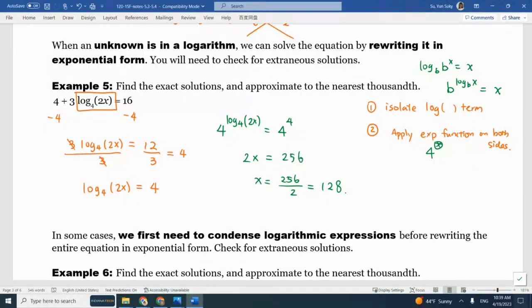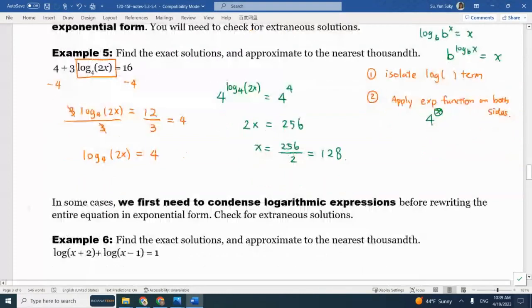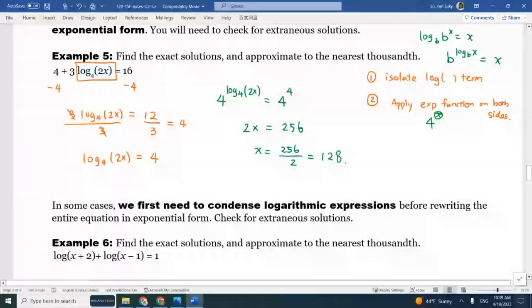Okay. So this is example 5. You can see here, we only have a single log term. That's why we can isolate it. But sometimes, if you have more than one log expression, you need to condense into a single log.